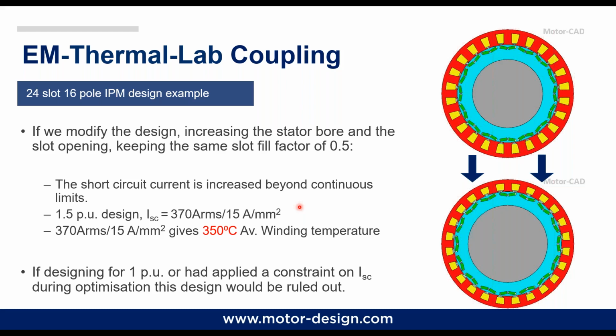So I'm of course adjusting that based on the number of slots, because with different numbers of slots and poles, I cannot really keep exactly the same number of turns.